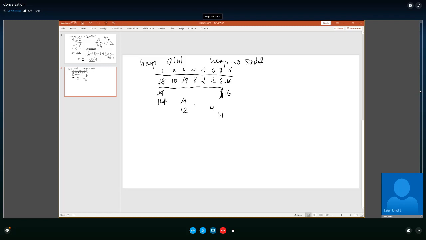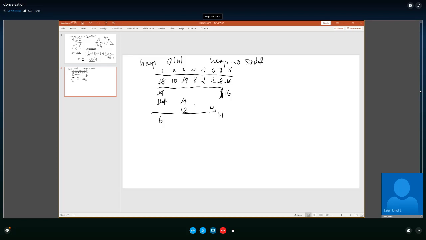So there goes 14. And now we're going to look at the remaining elements, 1 through 6, and make a heap. So this was 6. So the 6 is going here. And so we have 6, 10, 12, 8, 2, 4, and we have to make a heap out of that.